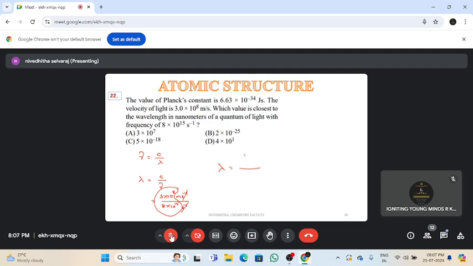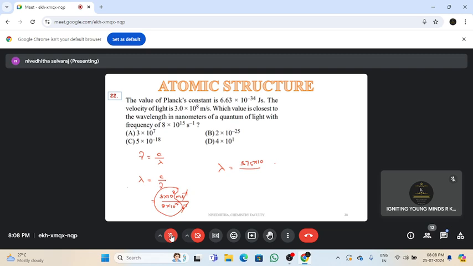Divya, what is the exact value you got for wavelength? 3.75 into 10 power minus 10 meter, right? 3.75 into 10 power minus 9 meter.